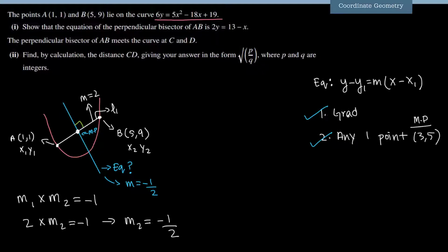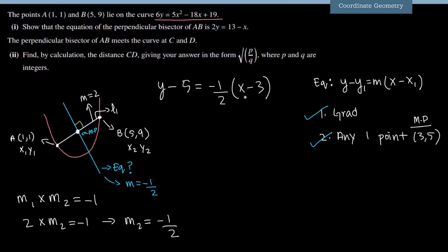Now since I have both the gradient and the point on the line, I can move on to find the equation of this perpendicular bisector. So the equation would be y minus the y coordinate, which is 5, is equal to the gradient, minus 1 upon 2, times x minus x1. The x coordinate is 3, so x minus 3.